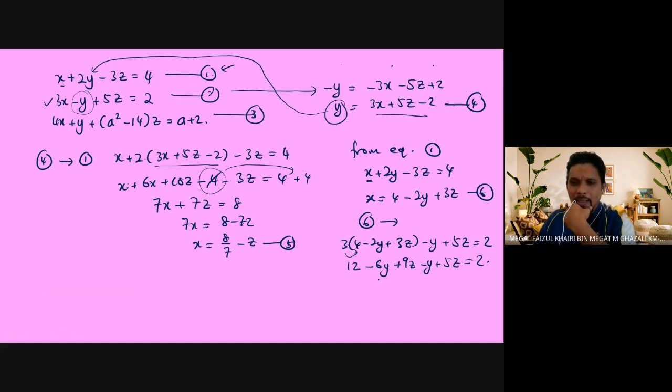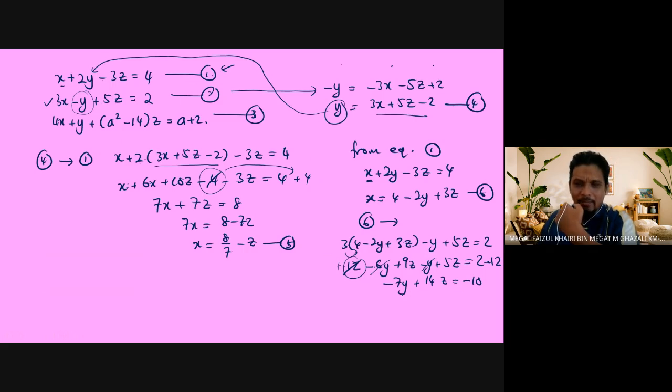So negative 6y minus y, negative 7y. 9z plus 5, 14z. 2, 12, positive, bring to the side, become negative, minus 12. So 2 minus 12, negative 10. 14z minus 7y equal to negative 10.